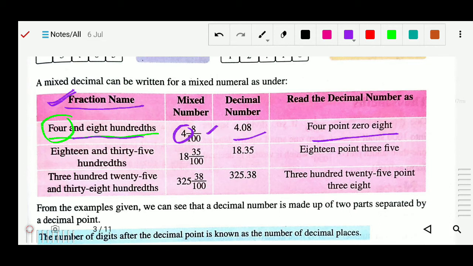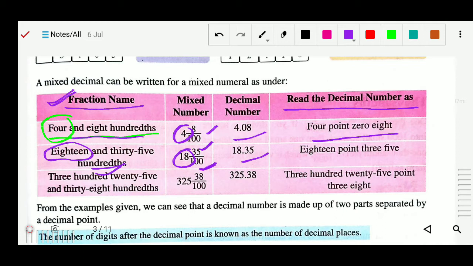Next, read the decimal number: 18 is the whole part, and 35 hundredths means you write 35 in the numerator and 100 in the denominator, and you get 18.35, and you read it like this, 18.35.